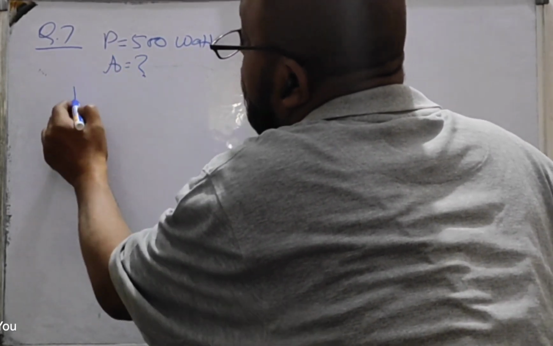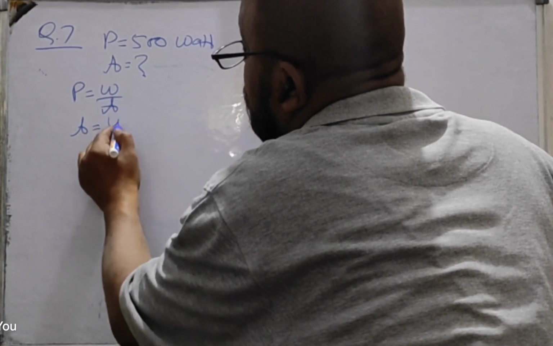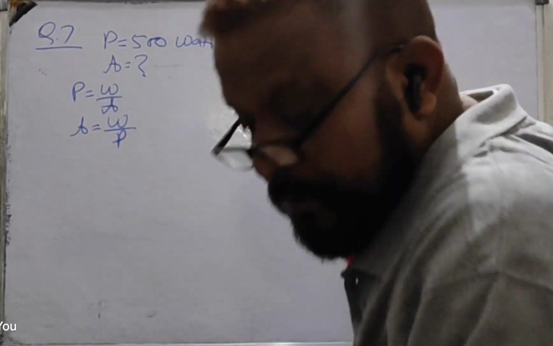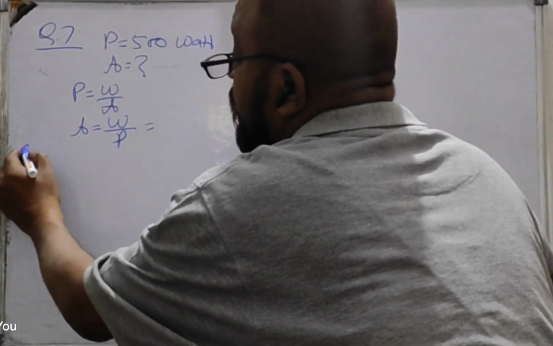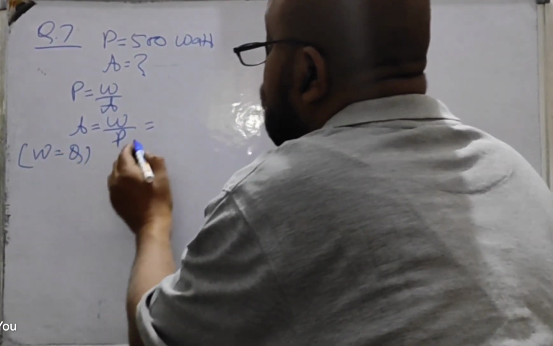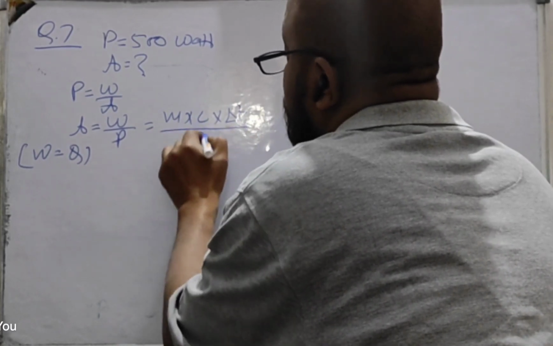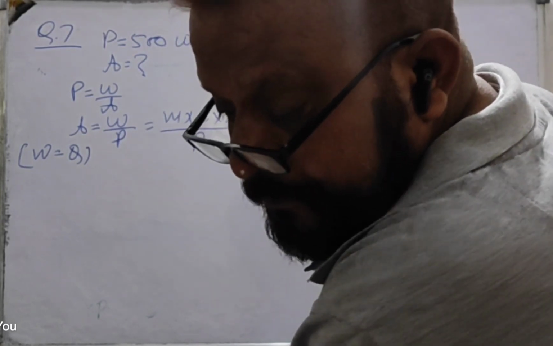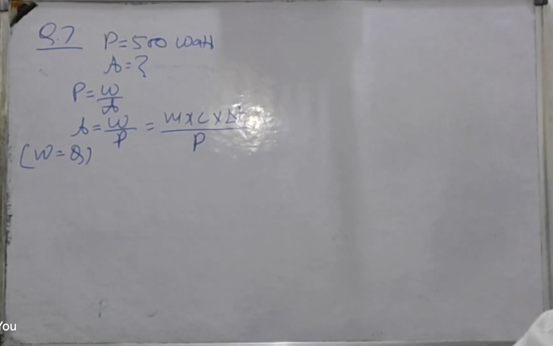The time we have to find, and P is equal to W upon T. So T is equal to W upon P, where W is equal to Q, and W is equal to M into C into delta T.